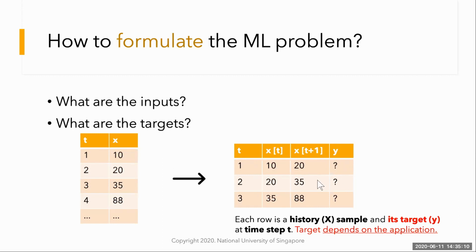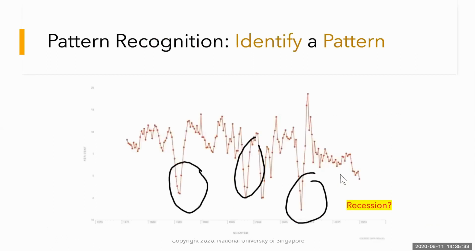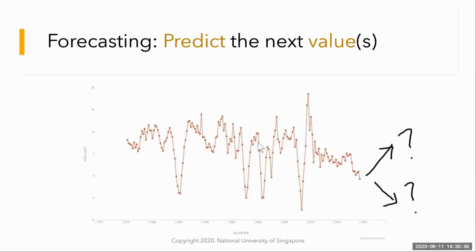And then for our target, I put a question mark here because I don't know what it is. I haven't formulated what I'm trying to do here yet. I haven't specified the application. What I mean is that y will be different whether you do this or this.